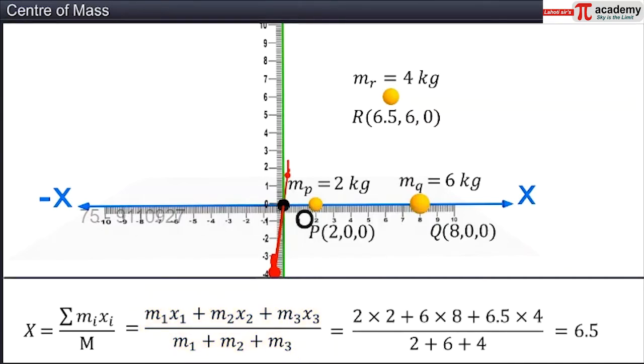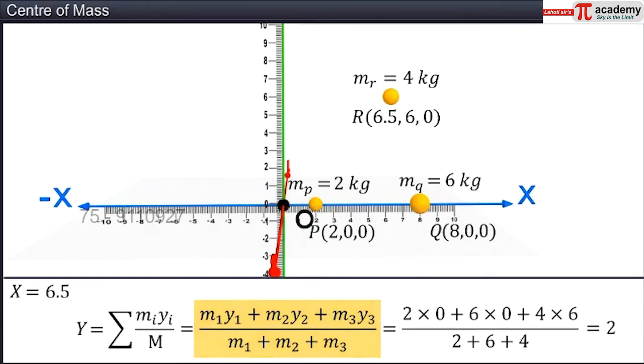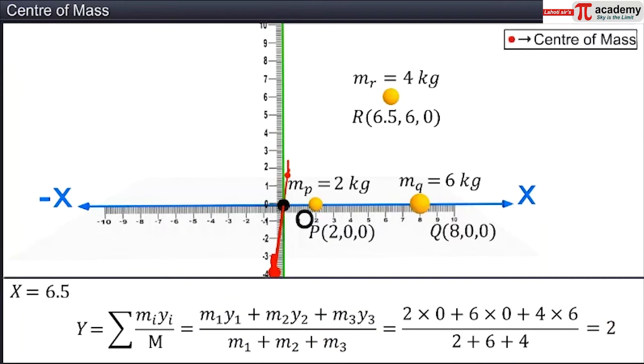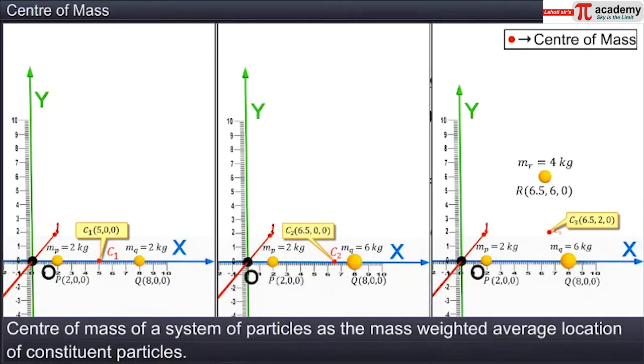On simplification as shown, we get x is equal to 6.5 and y is equal to 2. The position of the center of mass is C3, 6.5, 2, 0. On observing the above cases, we can regard the center of mass of a system of particles as the mass-weighted average location of the constituent particles.